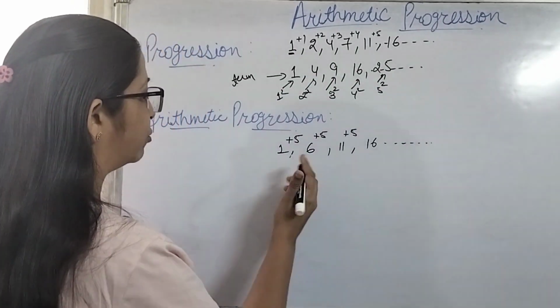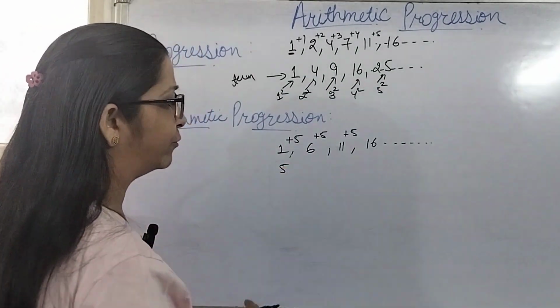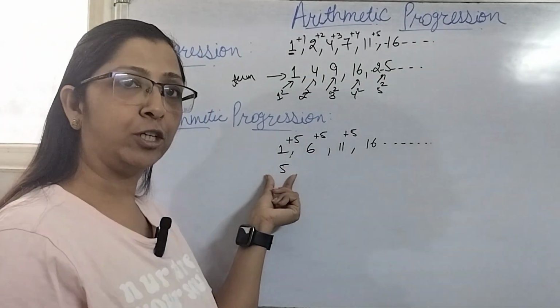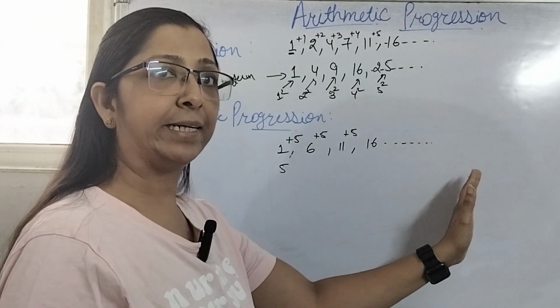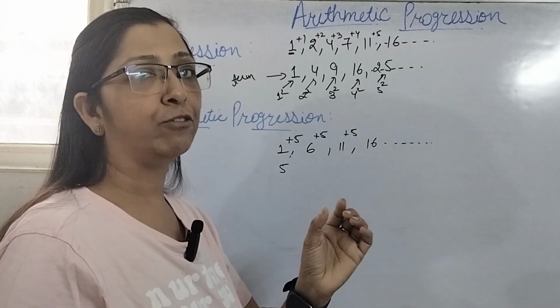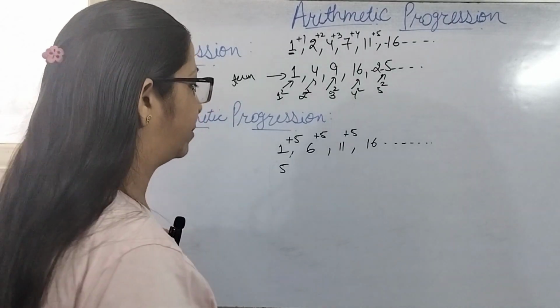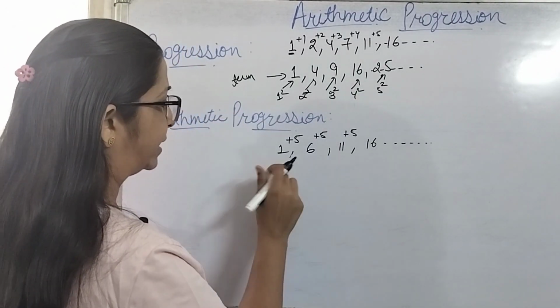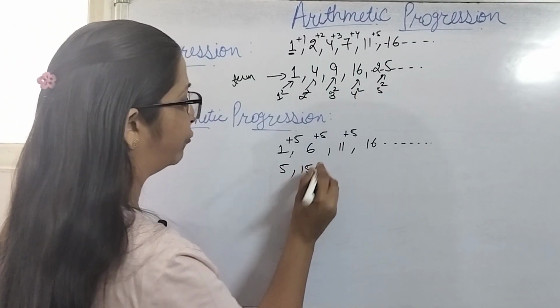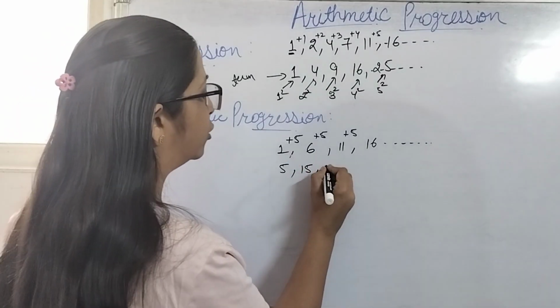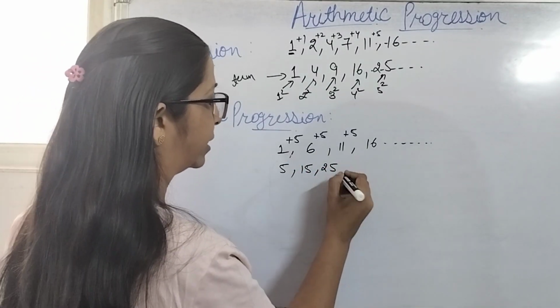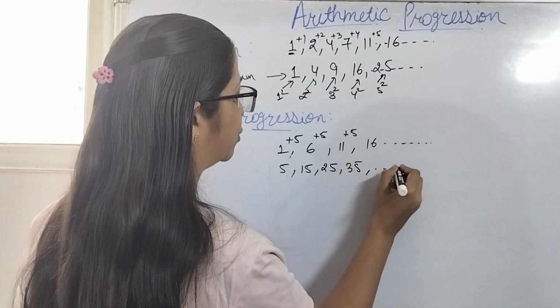Another sequence could be starting from 5, because the first term is not following the rule. Except the first term, the next terms will be obtained by adding a particular or fixed number to the previous number. So if I add 10 to it, it will become 15. Then again the same number 10 will be added to become 25. Then again it will be 35, and so on.